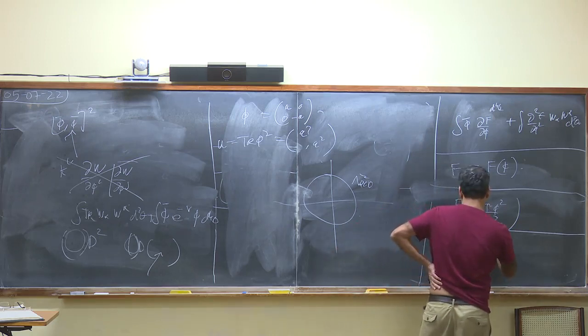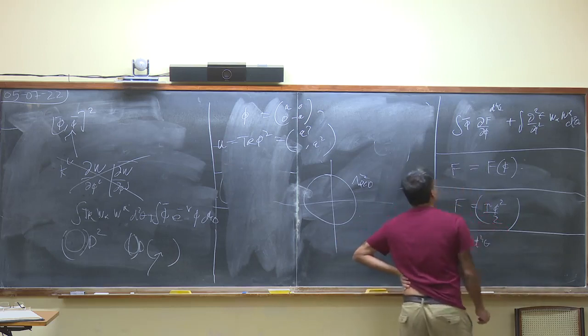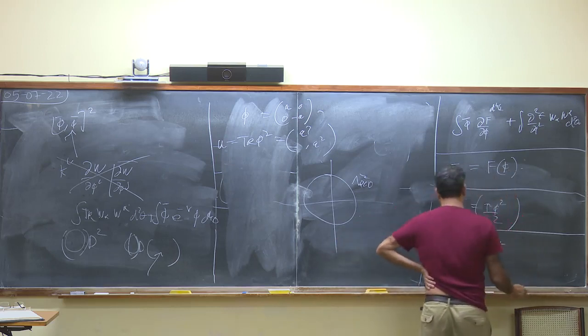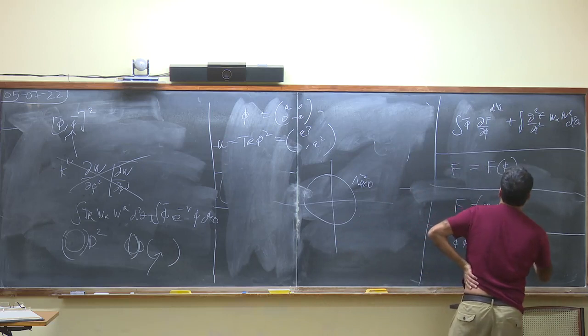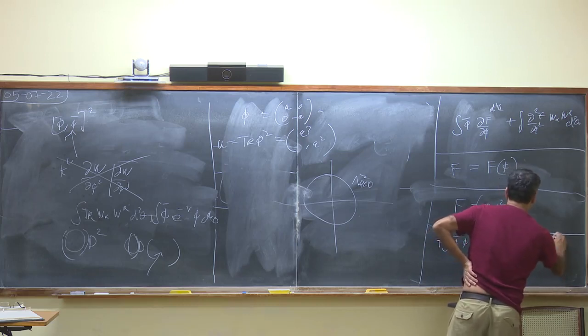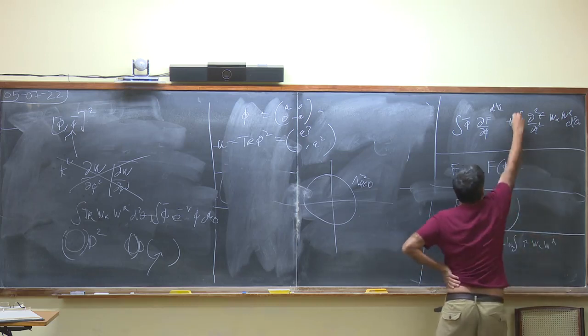d4 theta, plus tau, W alpha W alpha. There's an imaginary part, right?